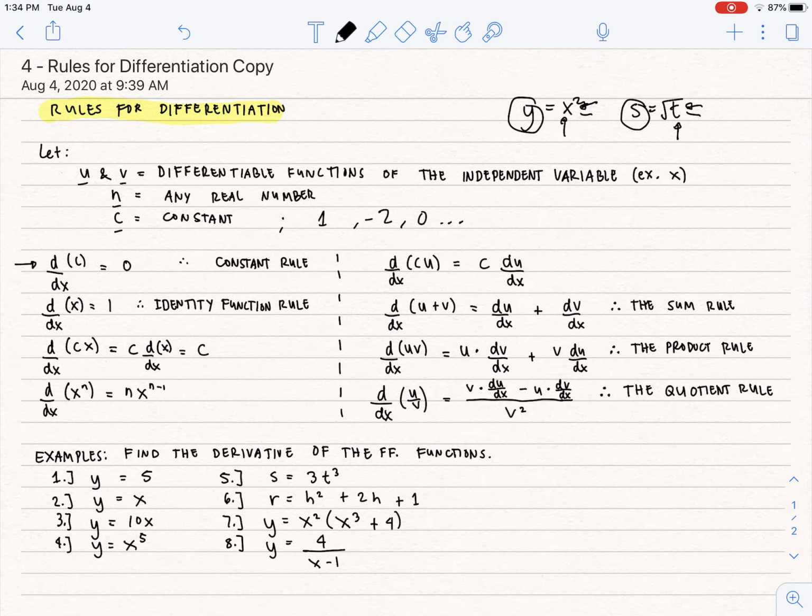So c here is constant, di ba? So the derivative of a constant is just 0. So mo na. For example, ato ang i-differentiate ang 4 with respect to x, yang derivative is just 0. Okay? Ana lang siya pag solve. Then this is called the constant rule.